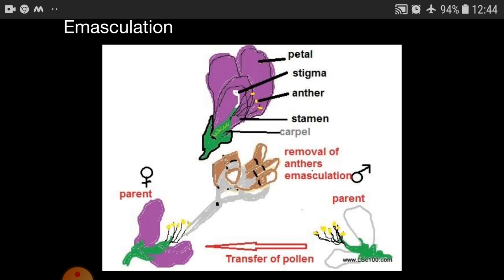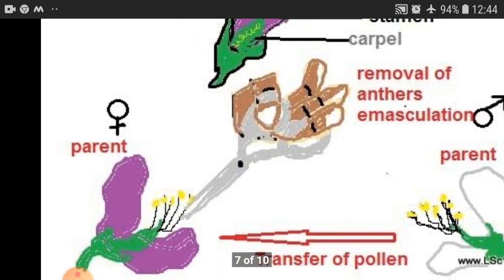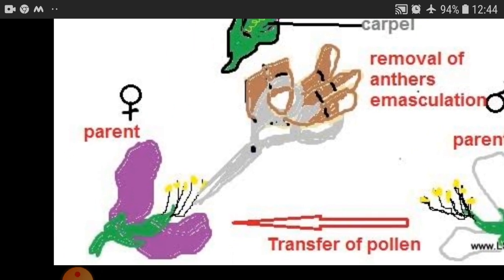This we do in a female flower. We remove the anthers and make the flower unisexual. This is known as emasculation. You can see here that the anthers are removed by the process of emasculation from the female parent.